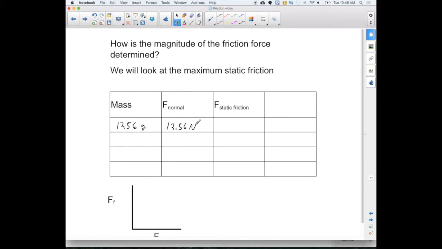Now in reality, I probably should use 9.8 as opposed to 10, but for doing the math, it's not going to be a big deal. And if you remember, the static friction was about 4.25 newtons. That's where the thing broke loose.